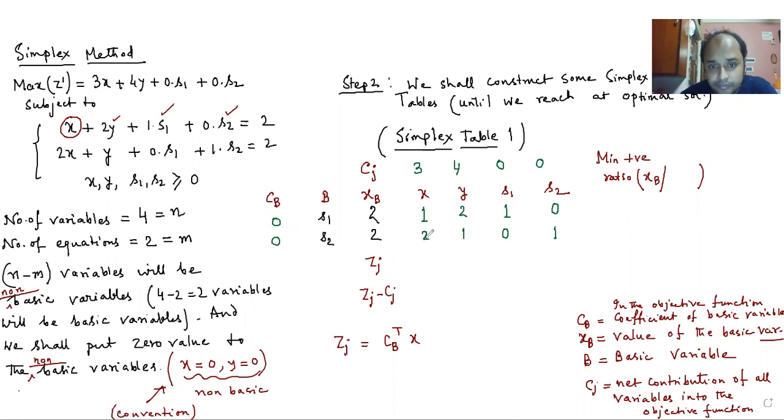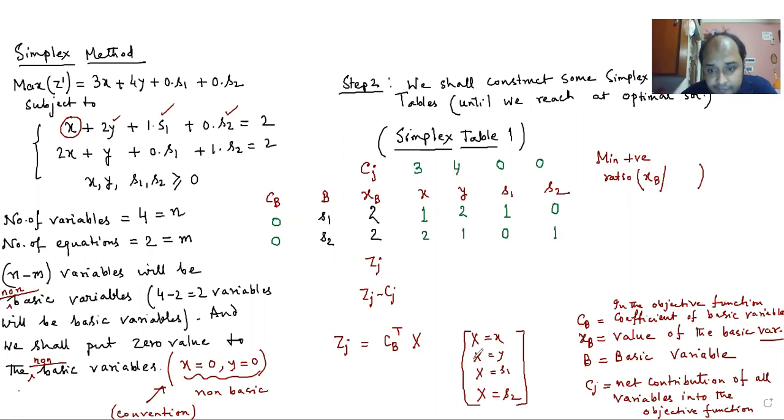We can consider this capital X to be all the variables. Capital X is sometimes x, sometimes y. For the next column, capital X is your S1. For the next column, capital X is your S2. So all these possible values of X will be considered.